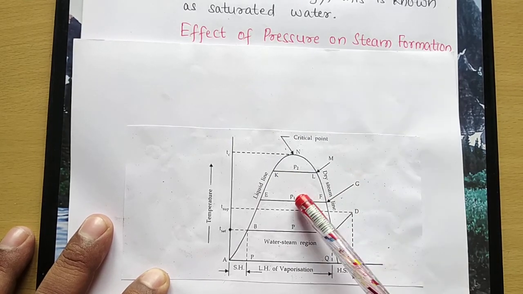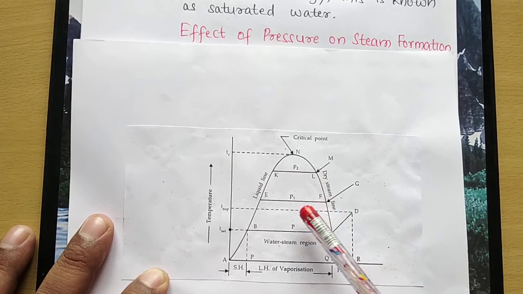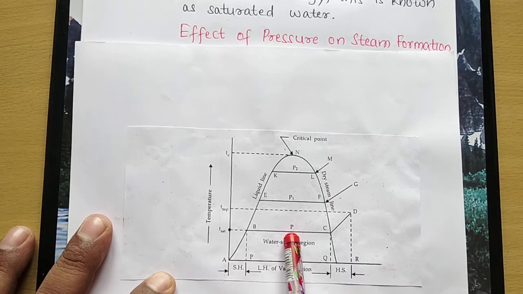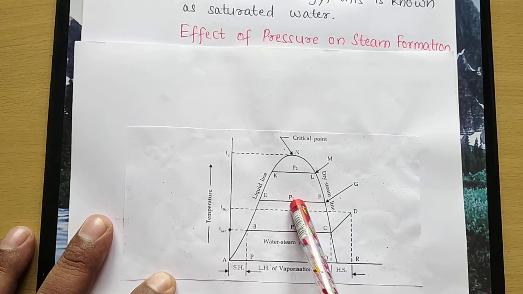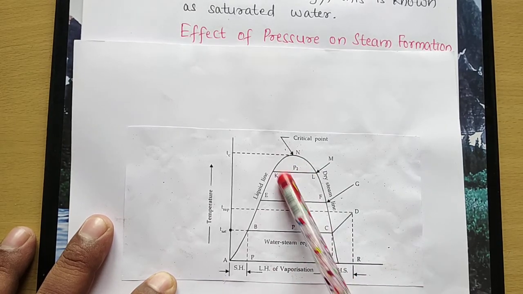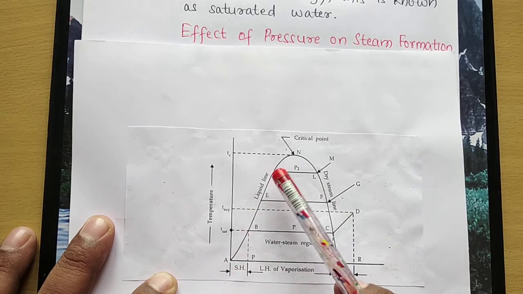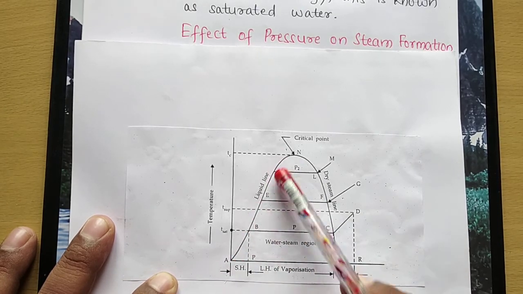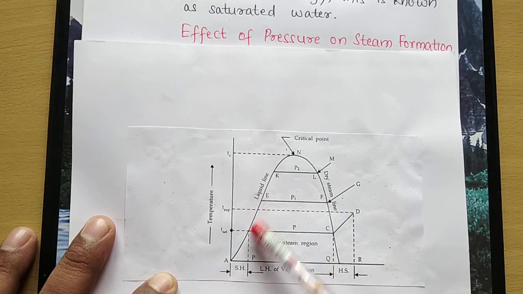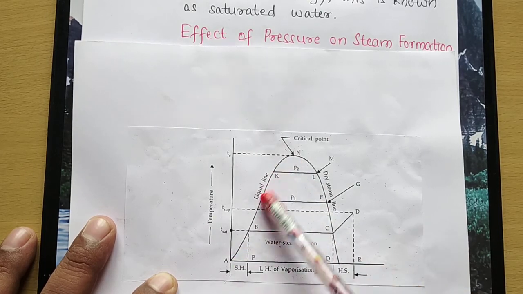Similarly, I will increase the pressure from P1 to P2. Initially I had taken, for example, a pressure of 50 bar, then 100 bar, and now 150 bar. If I increase the pressure to P2, which is supposed to be 150 bar, what will happen? From A to K will be the sensible heat region, and this line, as I told you yesterday, is known as the saturated liquid line.